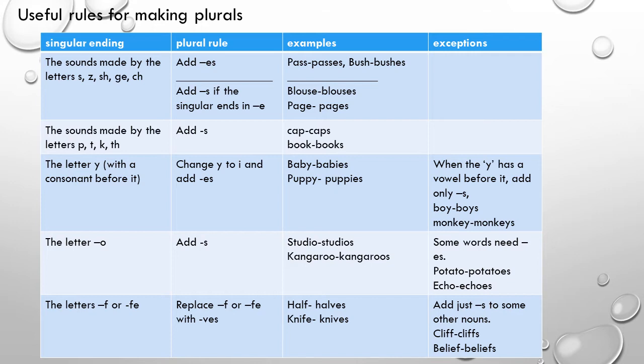Knife, here the last letters are FE, not only F. Still we change into VES, KNIVES. Add just S to some other nouns. This is the exception, children, like cliff into cliffs and belief into beliefs. Here we are not replacing F or FE with VES. We are simply adding S with double F or single F.